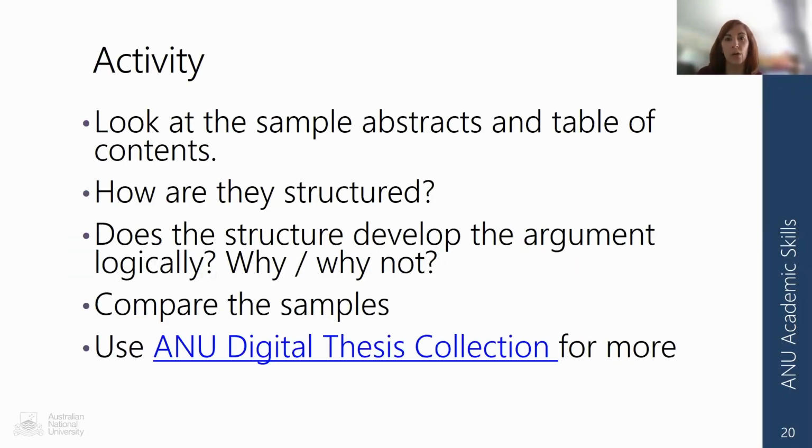Okay, so we suggest that you look at some sample abstracts and some sample tables of contents to get a sense of how other people are setting this out. Some tables of contents are very spare, and some are really intricate in terms of the chapter titles, chapter sections, and subsections.